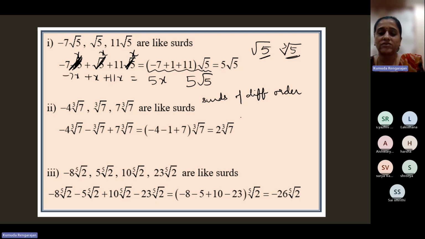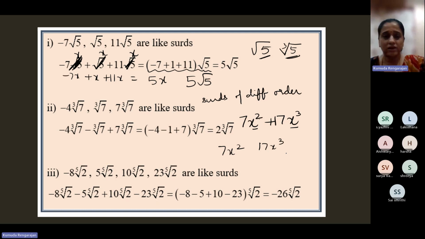It's like trying to simplify 7x squared and 17x cubed. You can't say xx. No, it's x squared and x cubed. They're different. They're unlike terms.